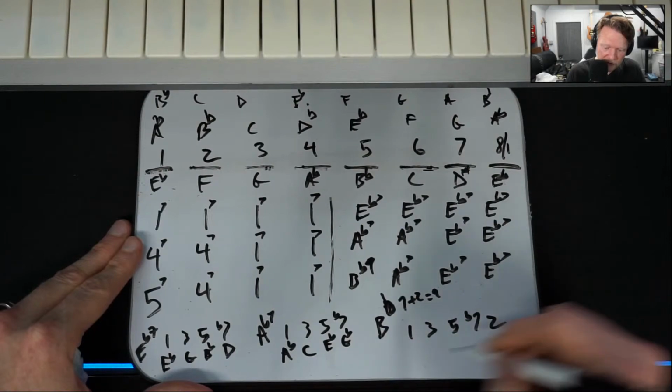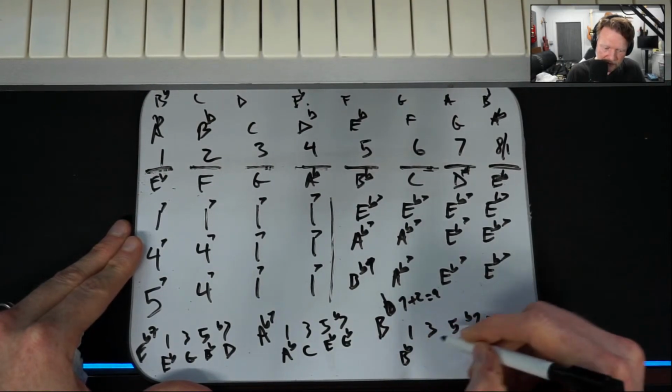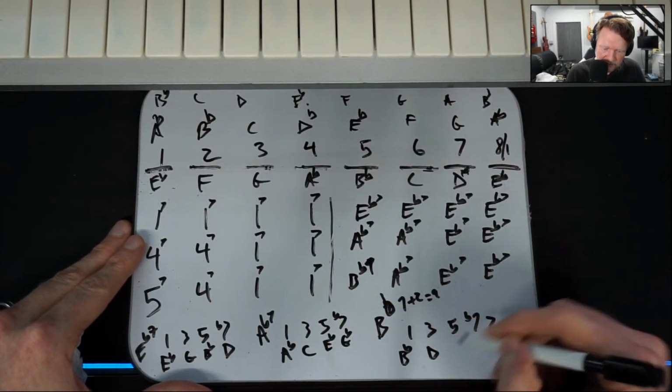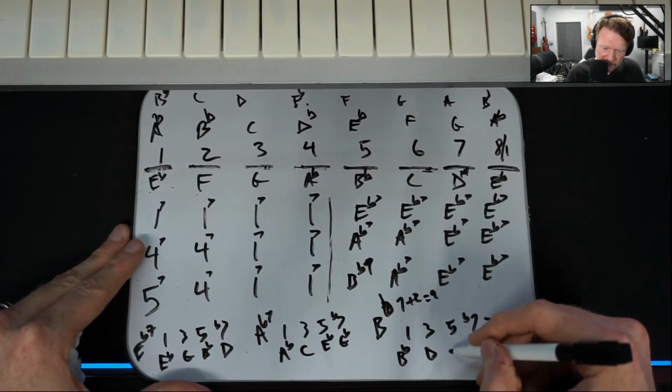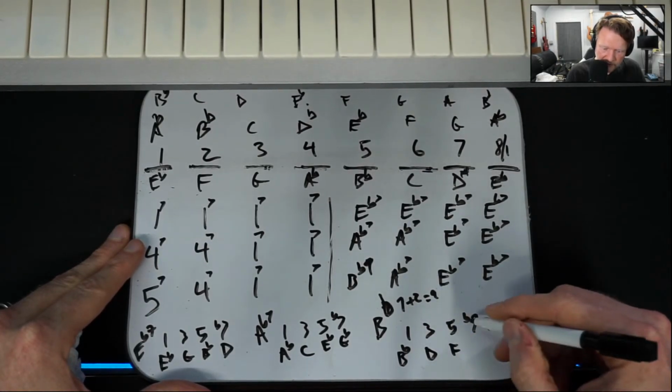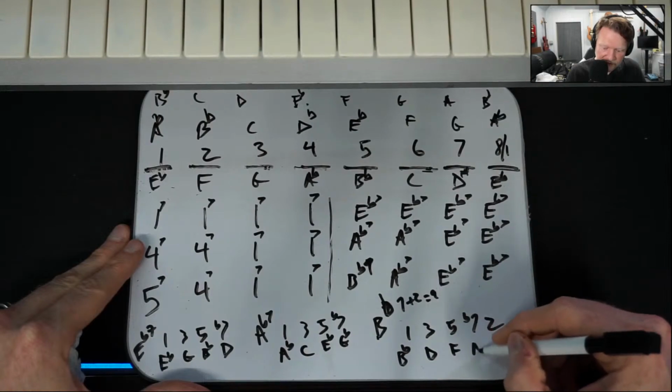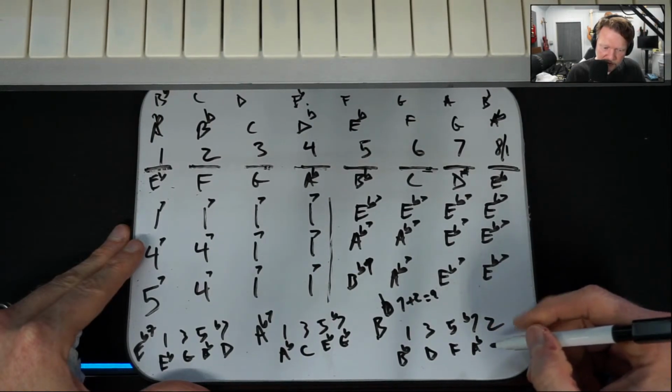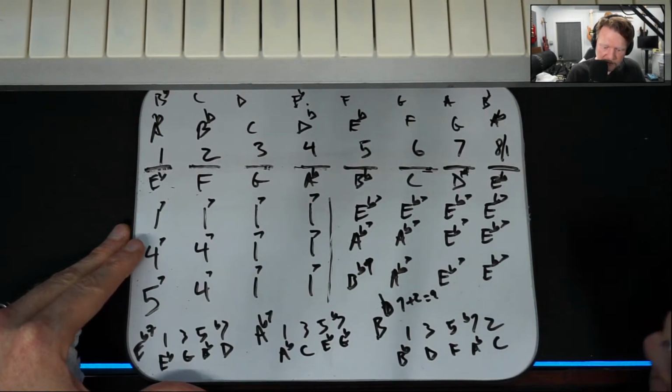So the notes in that are going to be B flat, our 3 is D, our 5 is F, our 7 is A flat, and our 2 is C. There you go. That's getting a little more advanced for this lesson, but hopefully that was helpful to you.